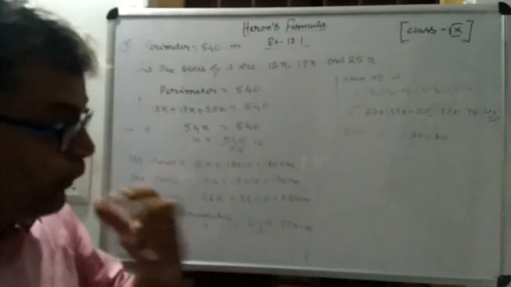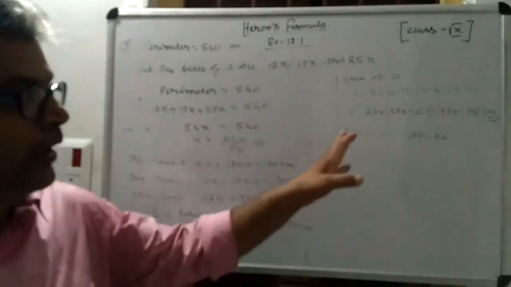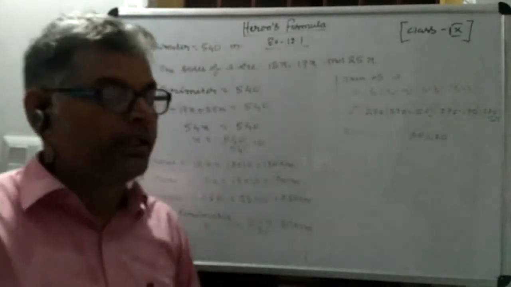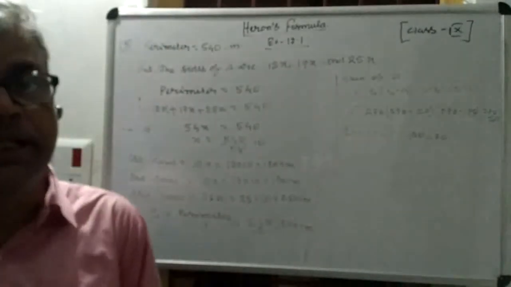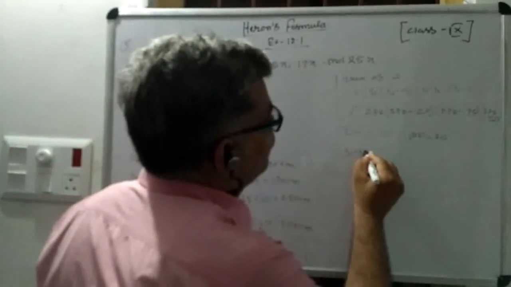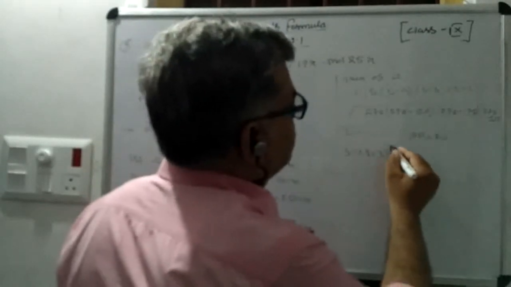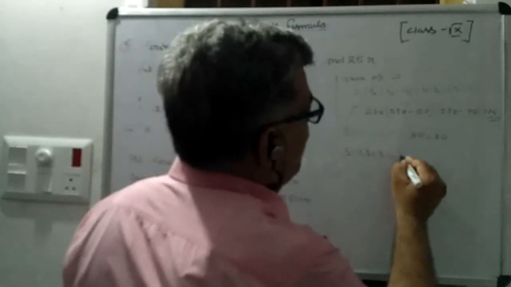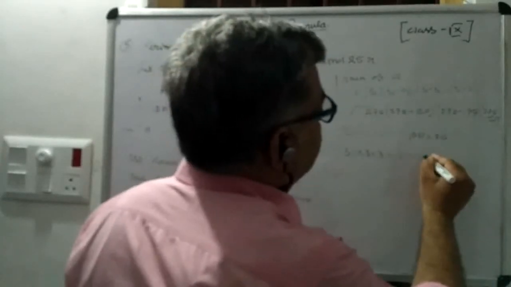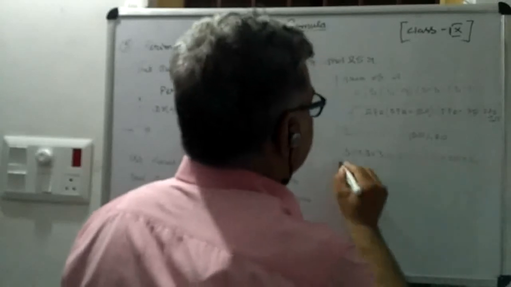So now we have to factorize this. We can write 270 as 30 into 3 into 3. You can write 150 as 30 into 5, and 100 as 5 into 20, and this is 20.